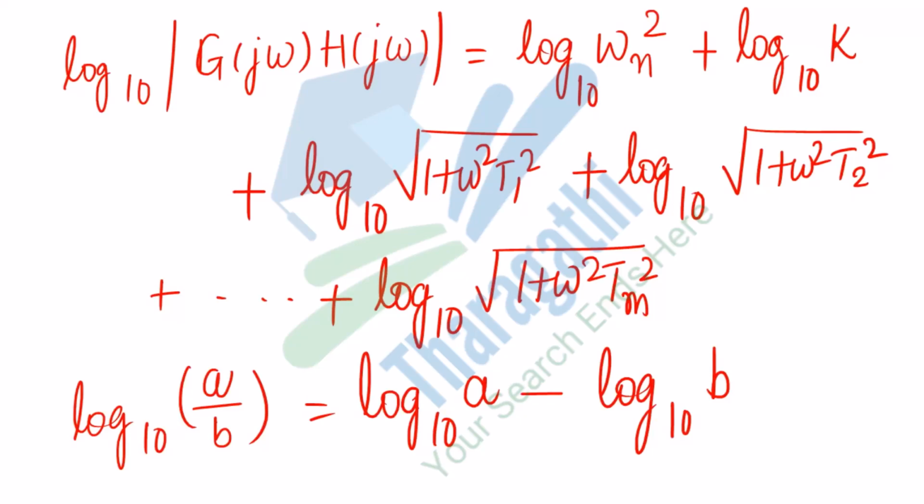So you have n plus 2 terms in the denominator. These terms will become differences with the numerator terms.